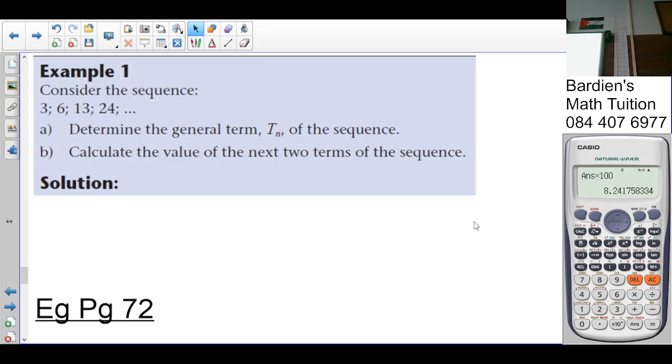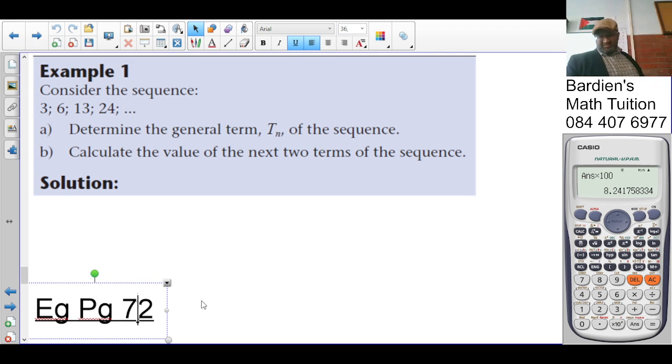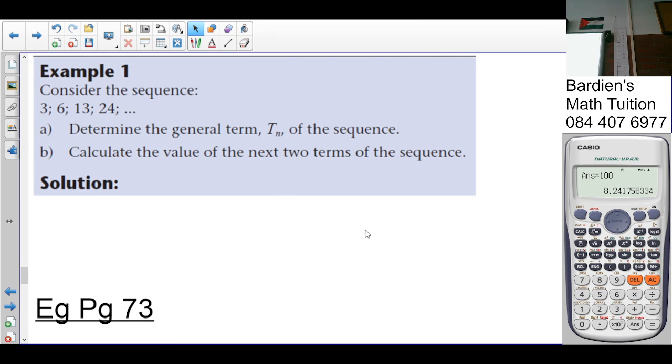And this is example 1 on page 73. Consider the sequence 3, 6, 13, 24.